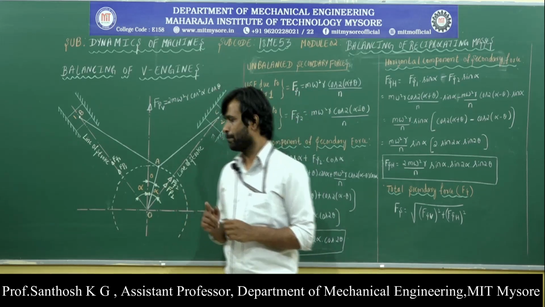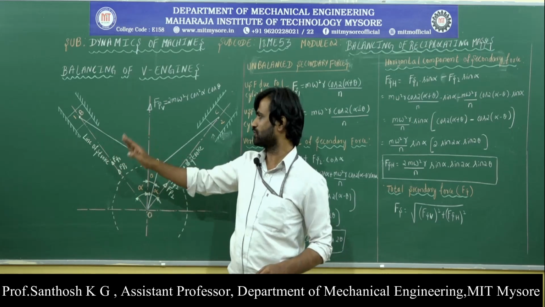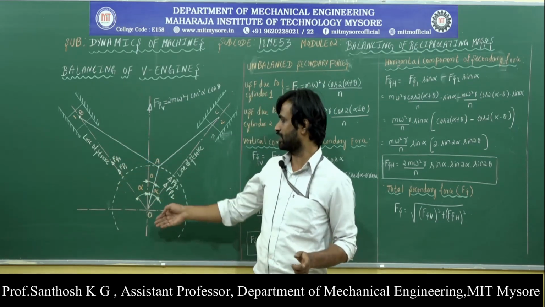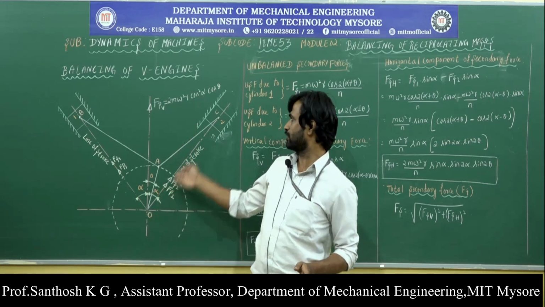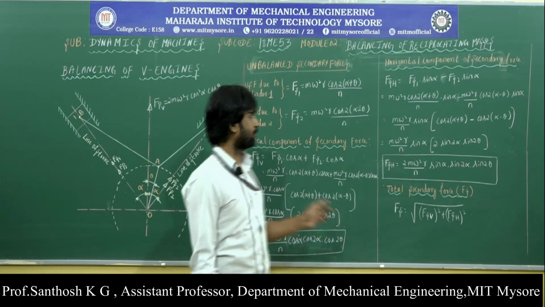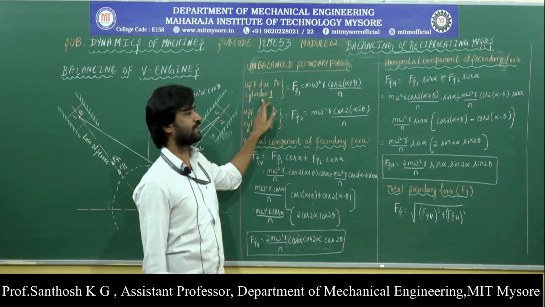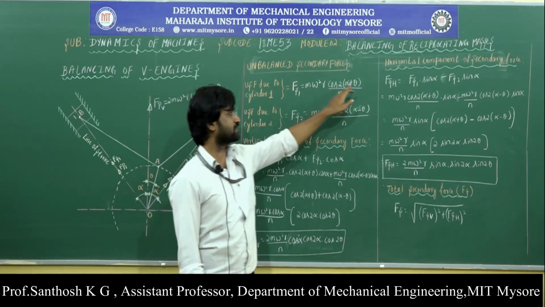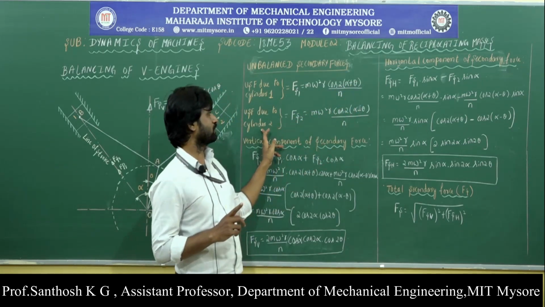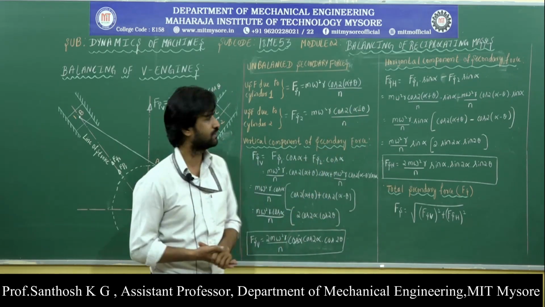But in this problem, the inclination of the crank with respect to the line of stroke of cylinder 1 is alpha plus theta, and for cylinder 2 it is alpha minus theta. So for cylinder 1, in place of theta we write alpha plus theta, and for cylinder 2, in place of theta we write alpha minus theta.